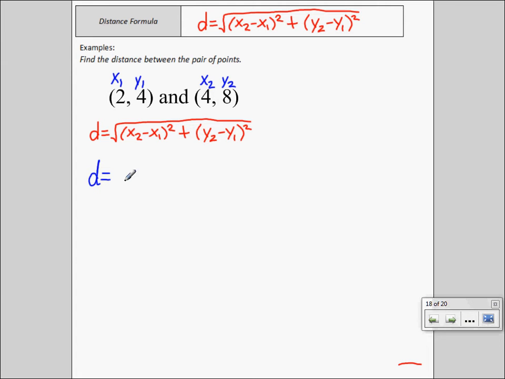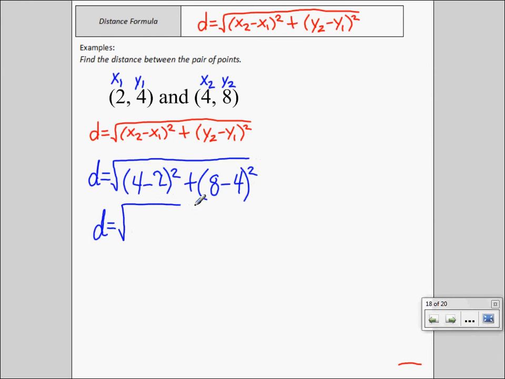We have d equals, and I'm going to have a giant square root. So opening up, x2 is 4 minus x1 is 2, squared, plus y2 is 8 minus y1 is 4, squared.